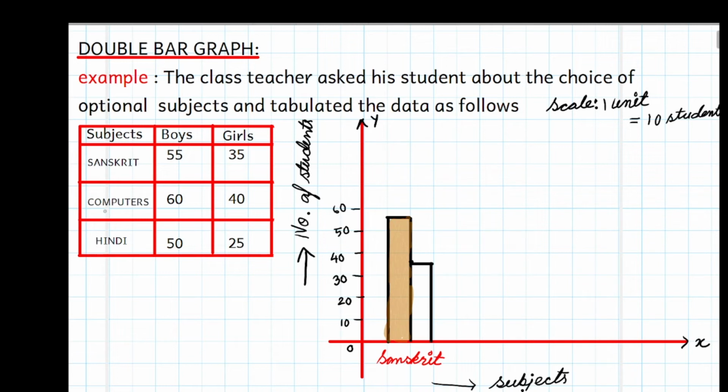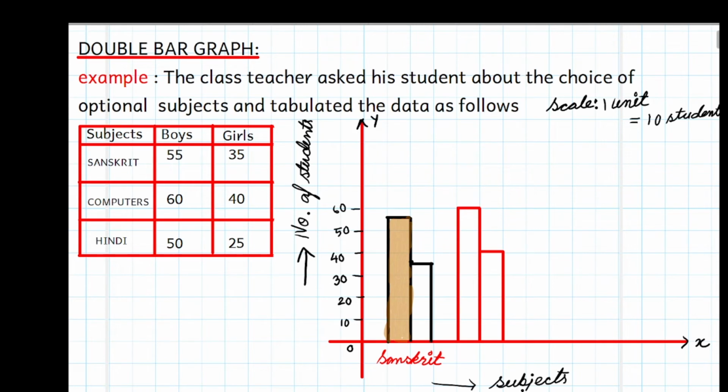Then for the computers. Computers, it is what? 60. And for girls, it is 40. Earlier I have given blue, yellow, black. By mistake I have given red, but it should be the same.